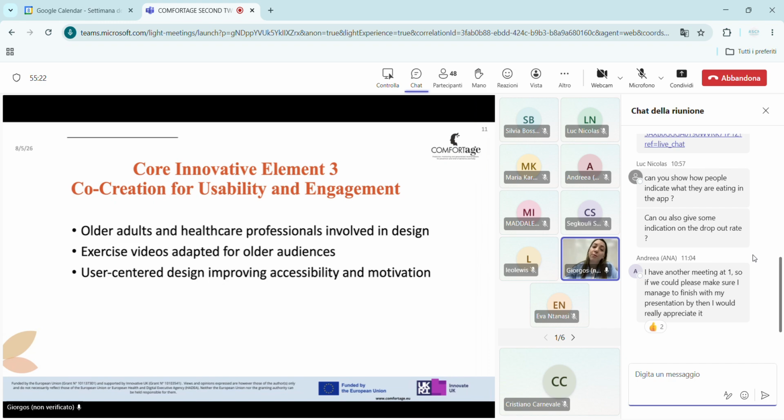We also have co-creation for usability and engagement. This is something that is done with older adults and healthcare professionals, where they assess videos and suggest ways of improving accessibility or motivation. So that's becoming user-centered.